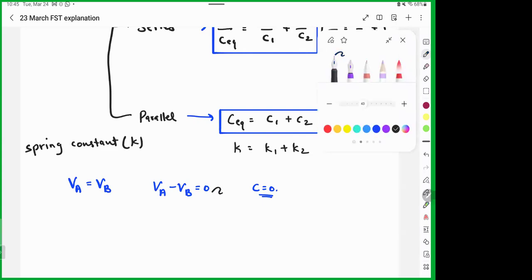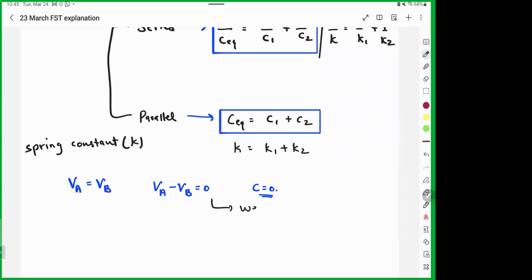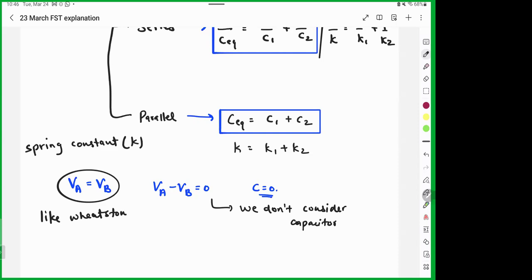So in this case, we don't consider the capacitor, like Wheatstone bridge. If you understood this well, bas aage to calculation hi karni hai.